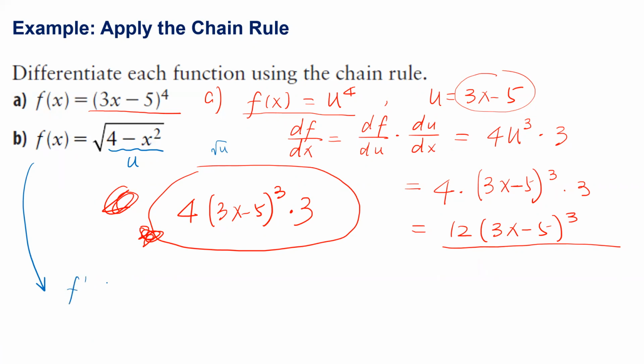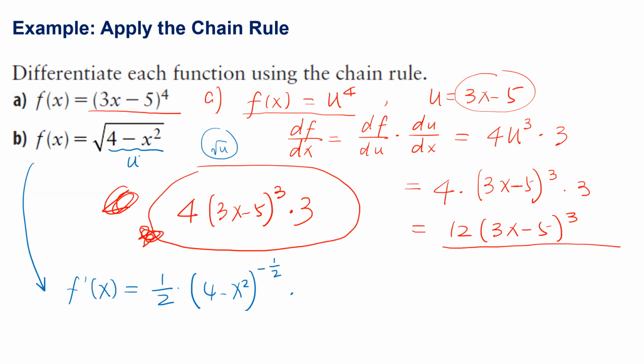So the derivative of f(x) equals, first of all, df by du, right? Which means the derivative of this function, which is 1/2 times u to the power of -1/2. So u is 4 minus x squared, right? So that's (4 minus x squared) to the power of -1/2.